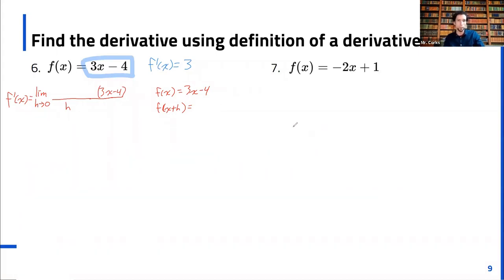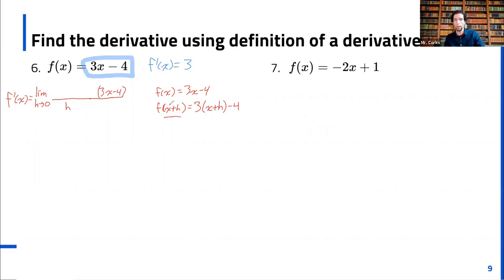Okay, so we did the function, 3x. Go ahead. We put x plus h instead of x and then expand it. That's exactly what we do. So 3 times x plus h minus 4. So we're doing exactly what we did for the function notation things.